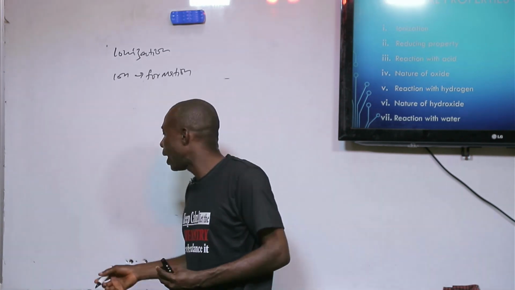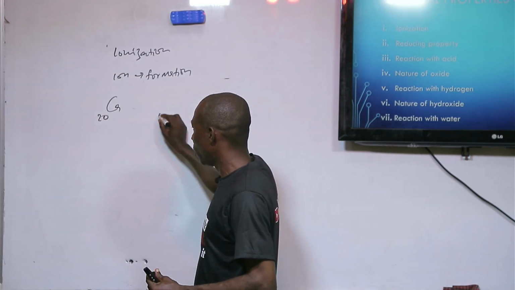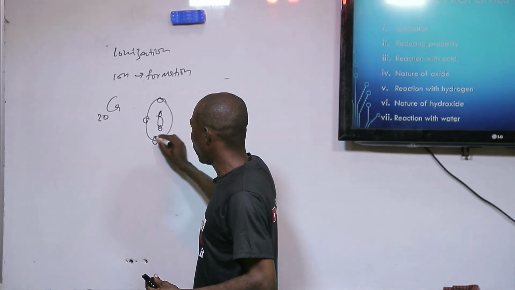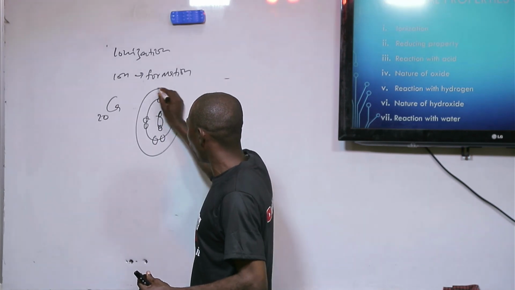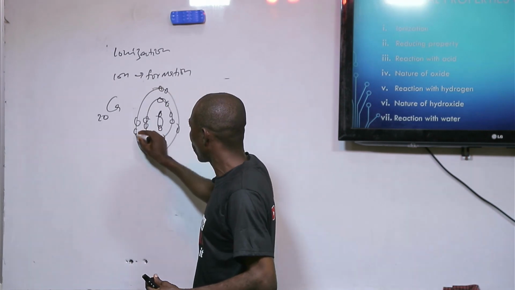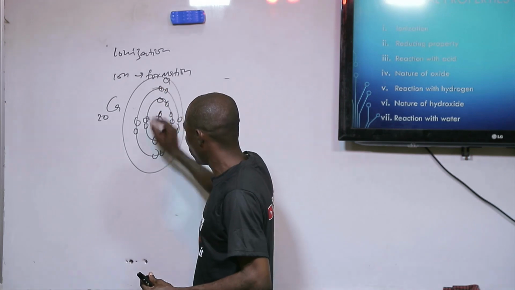When you look at something like calcium, it has 20 electrons, which is 2, 8, 8, 2.